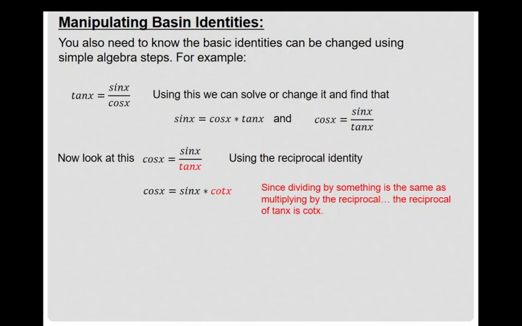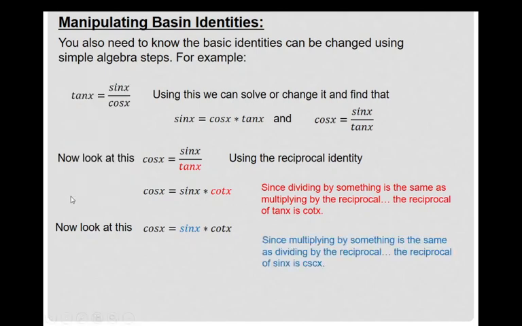So if I see sine times cotangent, that's cosine. And we could take it further and say, multiplying by something is the same thing as dividing by its reciprocal, changing sine to cosecant. And we've created another identity. So all of these are true statements as long as we've manipulated them correctly.